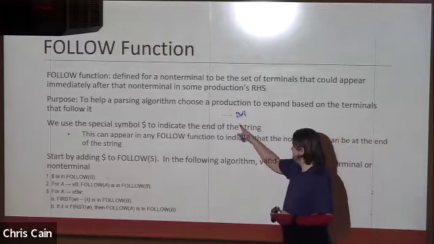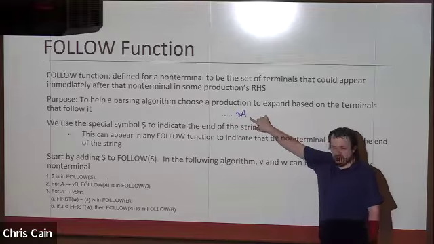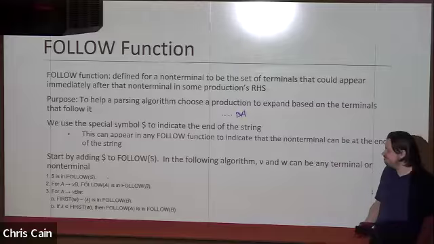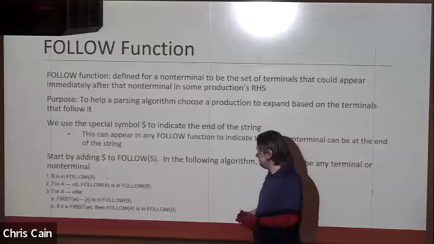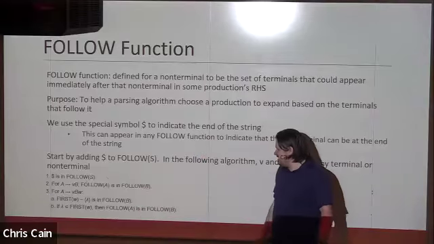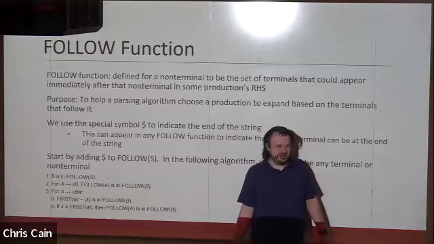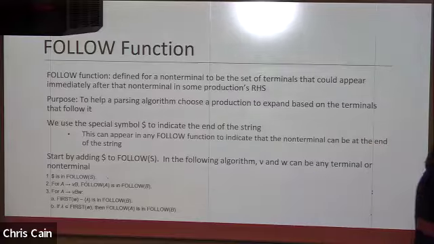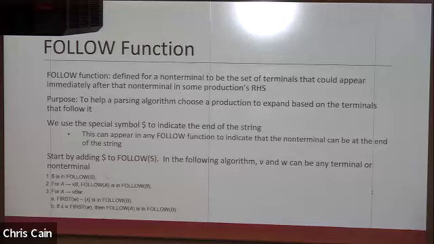After some expansion of this B, whatever follows that is, or could be, whatever is in first of A. If there's lambda in that W, then whatever could follow A is also in follow of B. Because if that can go to lambda, then we have a recursive definition of follow.